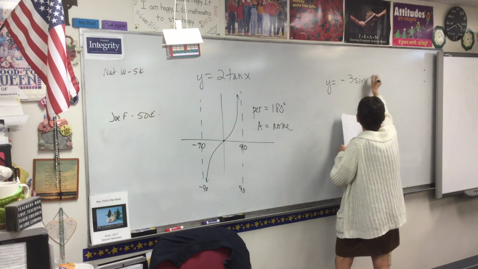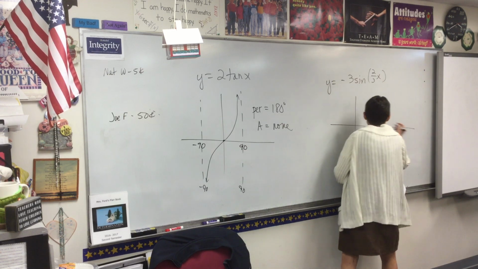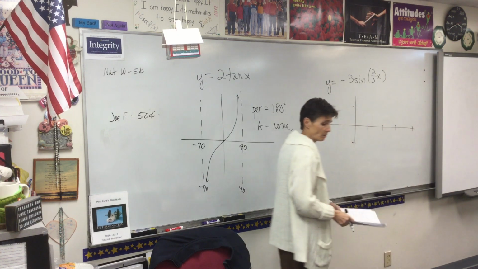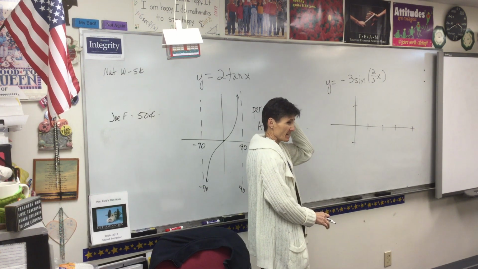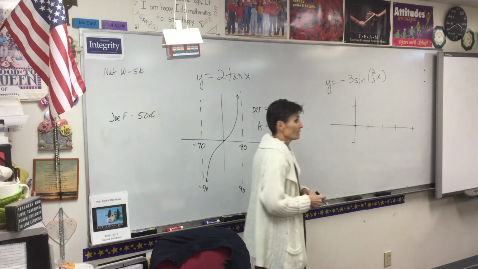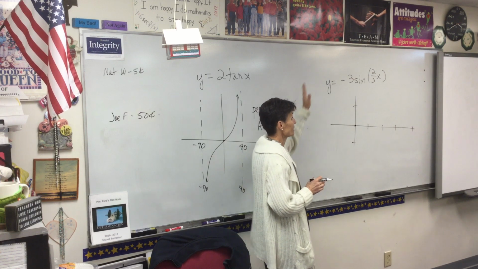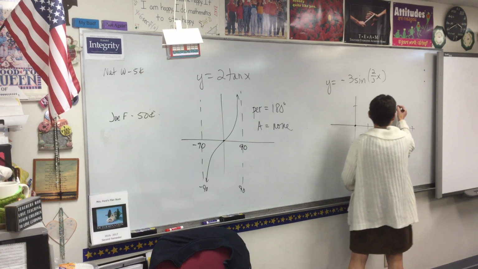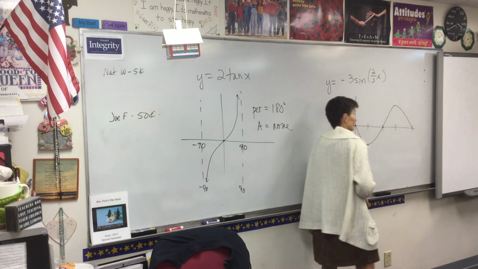Negative 3 sine 2/3 x. We are not going to psych ourselves out because there's a fraction. We are grown-ups. We can handle the fractions. All right, now, this is a sine curve, which means it starts at the origin. However, it's a negative sine curve, which means instead of going up, it goes down. So, here's my sine curve. There it is.